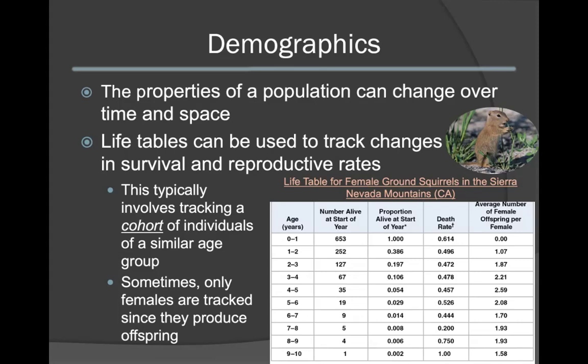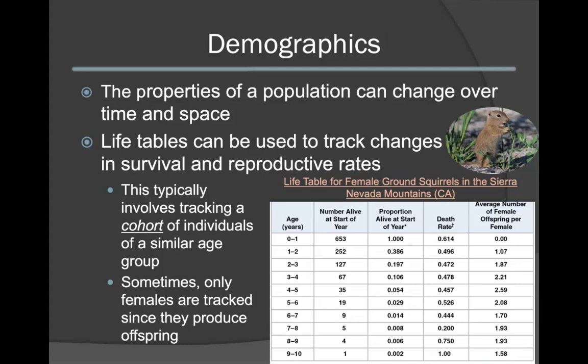If we take a look at the diagram to the right, we can see a life table for female ground squirrels in the Sierra Nevada mountains in California. Take a look at the different age groups. Also take a look at the number alive at the start of the year, and the proportion of individuals that are alive. Note that we begin at 100% because this begins our tracking of the population.